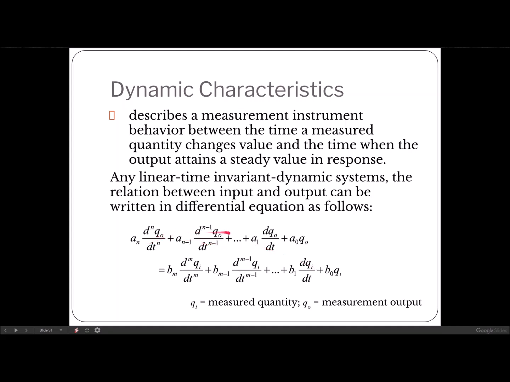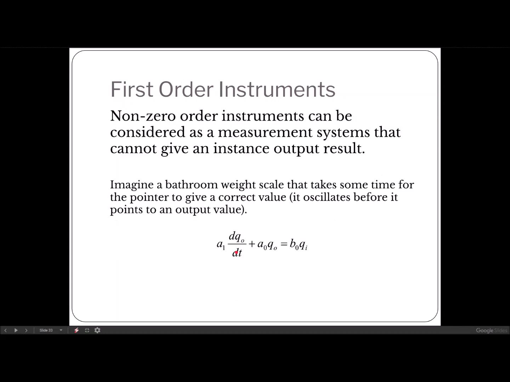Okay, so let's take that case when everything here is zero, and then we will have this equation. In particular, to have a simple illustration, let's just consider B1 equal to 0 as well. What is the effect of this first order differential equation?